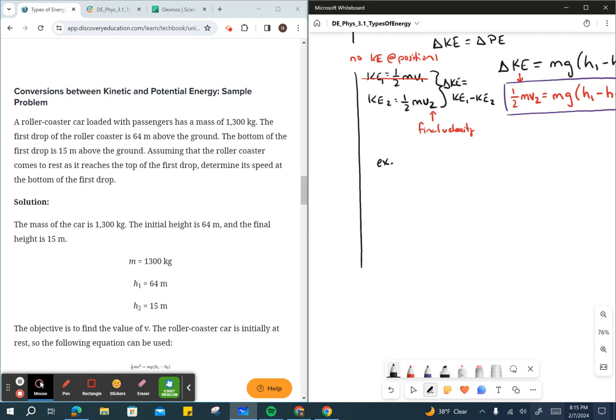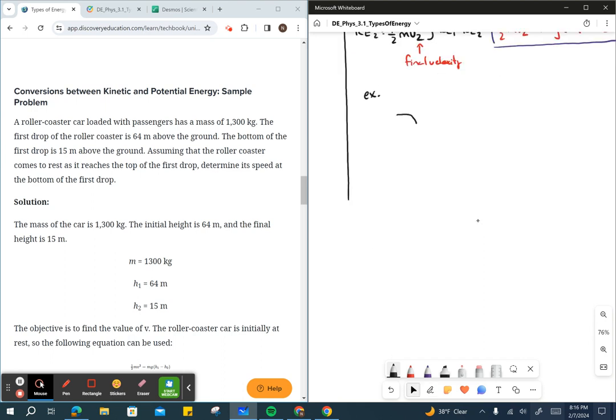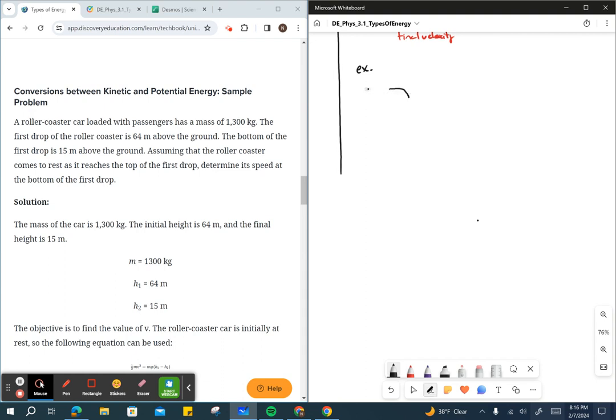Okay, so we have a roller coaster. We got this roller coaster, and it drops down. Now, let's just say that this is the ground. And you got to have poles or something to hold your roller coaster up, right?